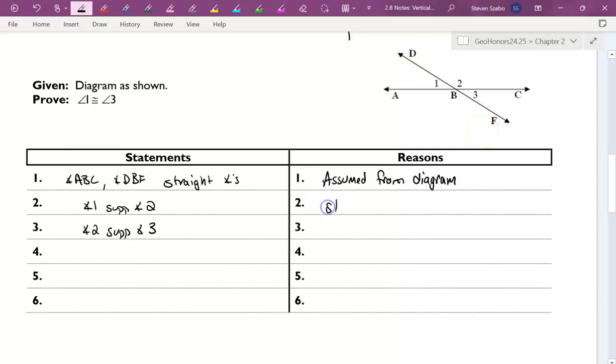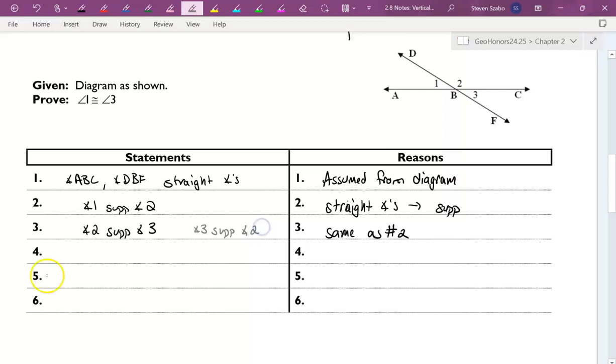And our reasons are the fact that straight angles imply supplementary. This is the same as number 2. If you recall one of our supplementary theorems, I have angle 1 is supplementary to angle 2, and angle 3 is also supplementary to angle 2 because I can reverse this order if I want. This is saying the same thing.